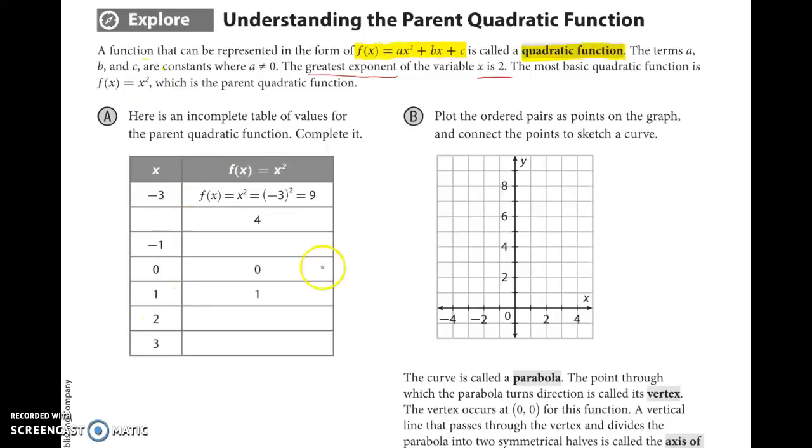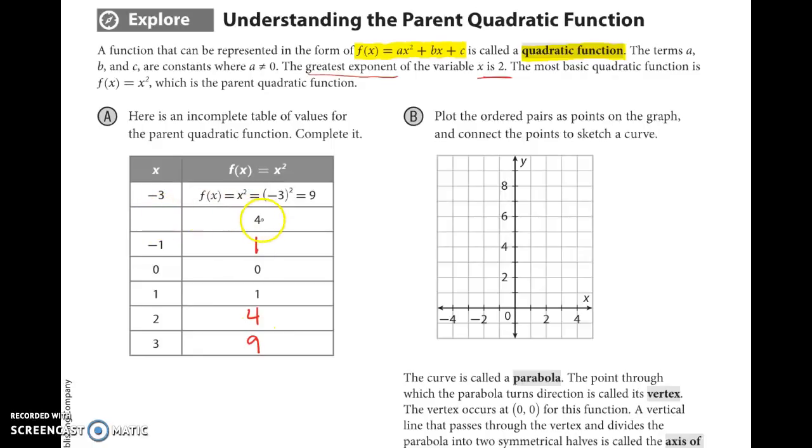And so we're going to look at that function here, and it says, here's an incomplete table of values for the parent quadratic function, complete it. So if you plug in -3, squared is 9. If you plug in -1, squared is 1. If you plug in 0, squared is 0. 1 squared is 1. 2 squared is 4, and 3 squared is 9. So what number goes here?